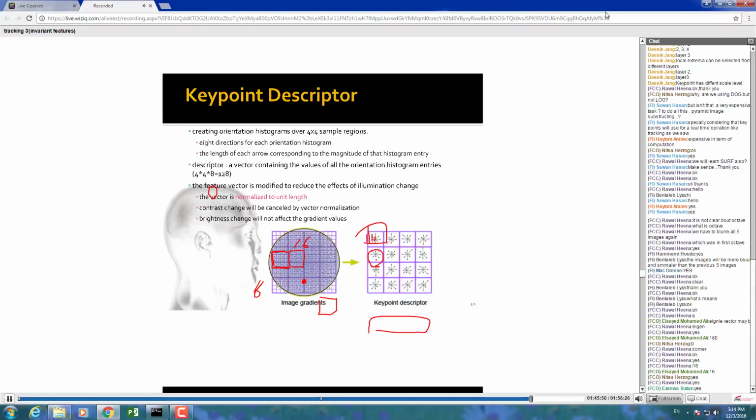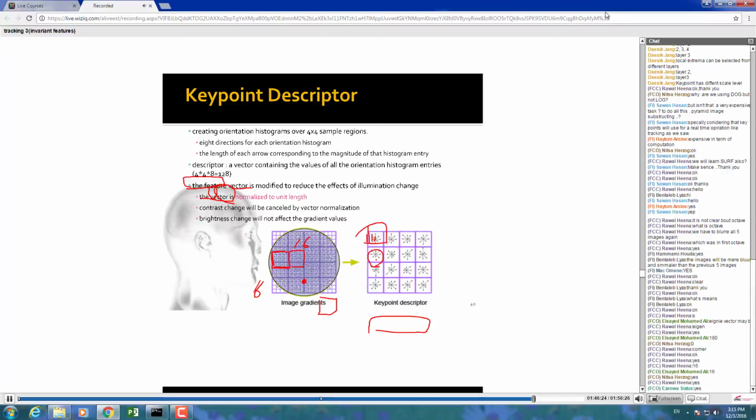So 4 by 4 cells, and every cell has 8 numbers. 8 bins means that in the histogram, every bin can have some value, so it is 8 numbers. So finally, one key point can have 128 values, numbers. This is becoming the feature vector, that is called the descriptor.